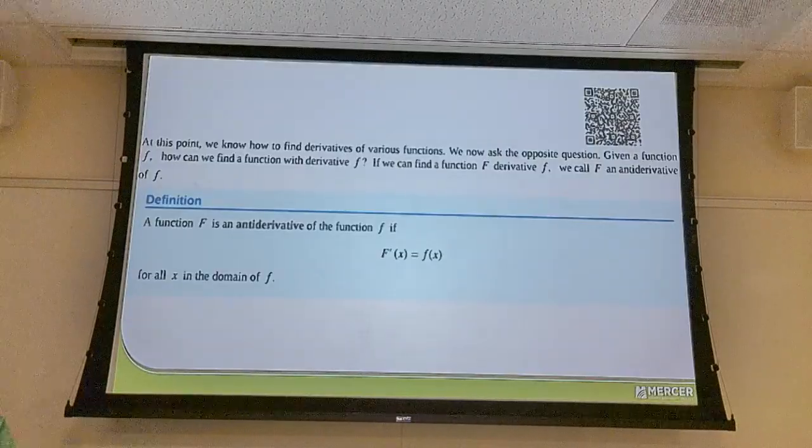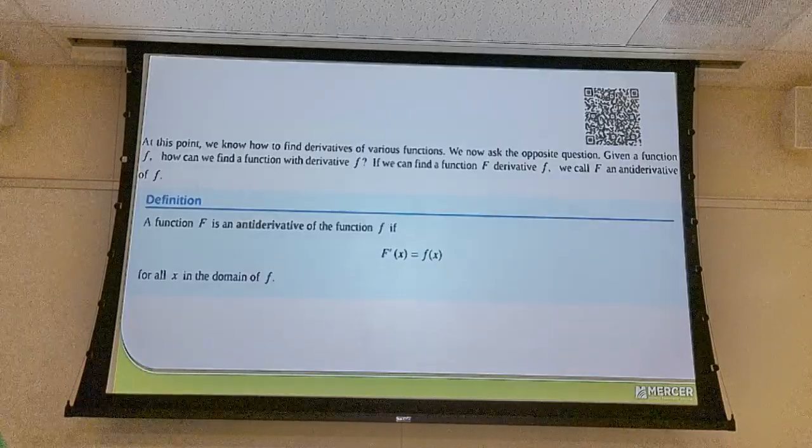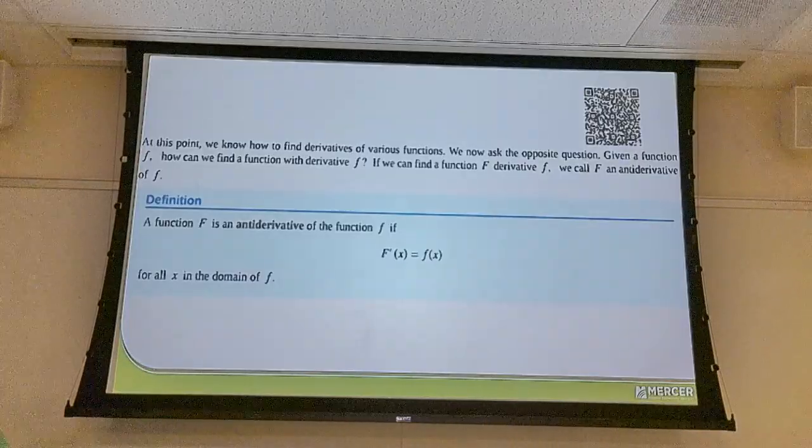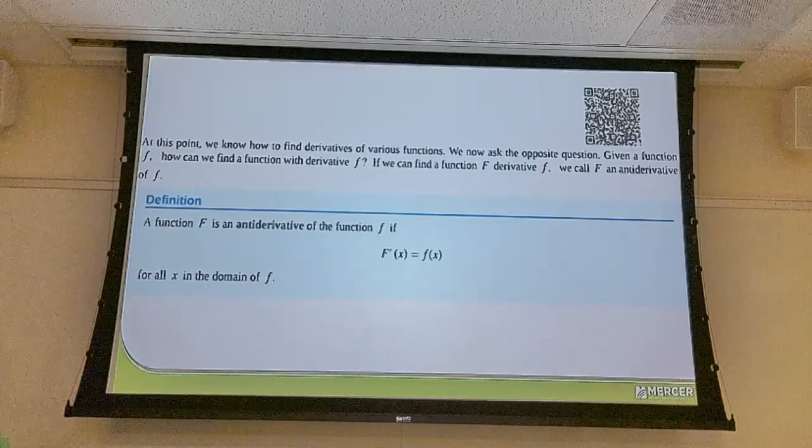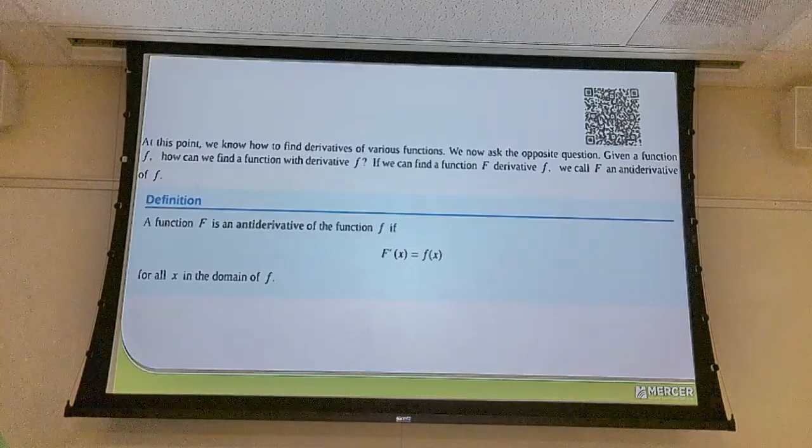But what's the derivative of a constant? So what do you think will happen if I add an arbitrary constant to big F? It doesn't change the fact that it's an antiderivative, does it?